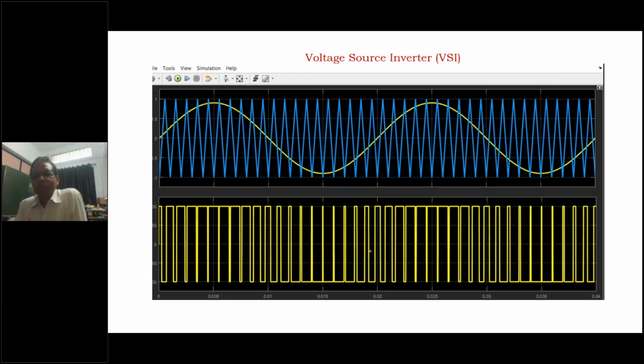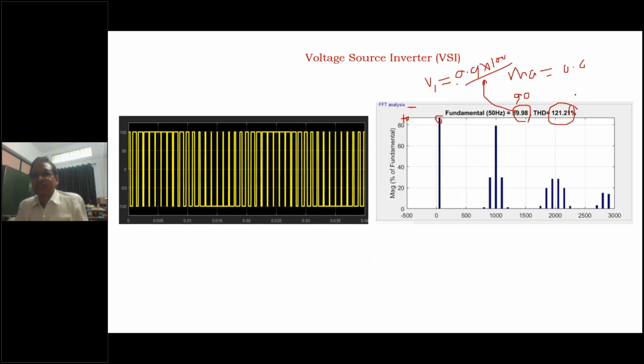So see here, THD is increased. It was about 48% for the square waveform. When I use the SPWM technique, it increased to 128%, almost 3 times more THD. We are going to use the SPWM technique to reduce the harmonics, but it is increasing the THD. Then what is the matter?